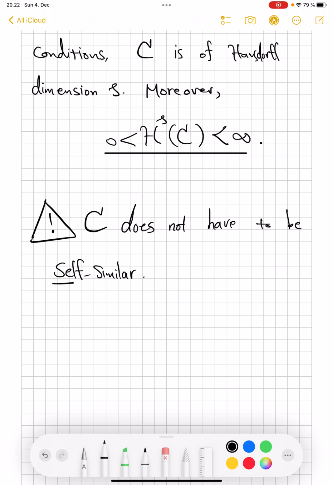We will define what self-similarity is mathematically later, in the next video in fact, and compute their Hausdorff dimension, but that case doesn't cover this one.